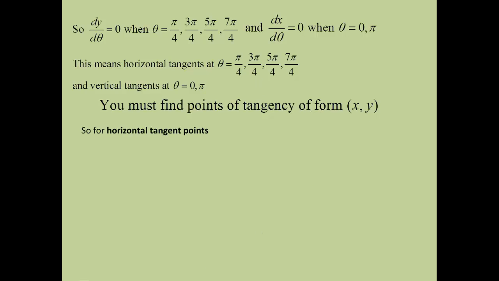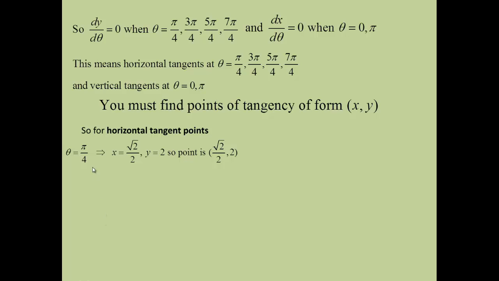This isn't too bad. So for the horizontal points of tangency, we're simply going to take these values of theta and toss them back into the original parametric equations we were given. Remember, we were given x equals cosine theta and y equals 2 sine theta.